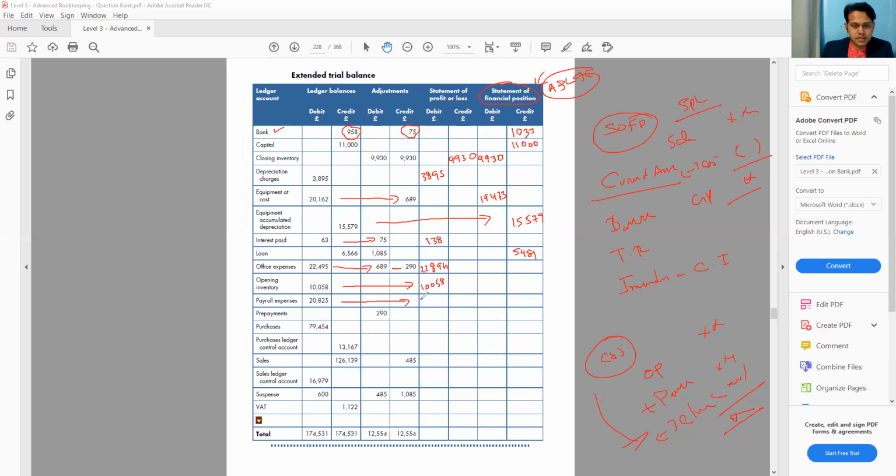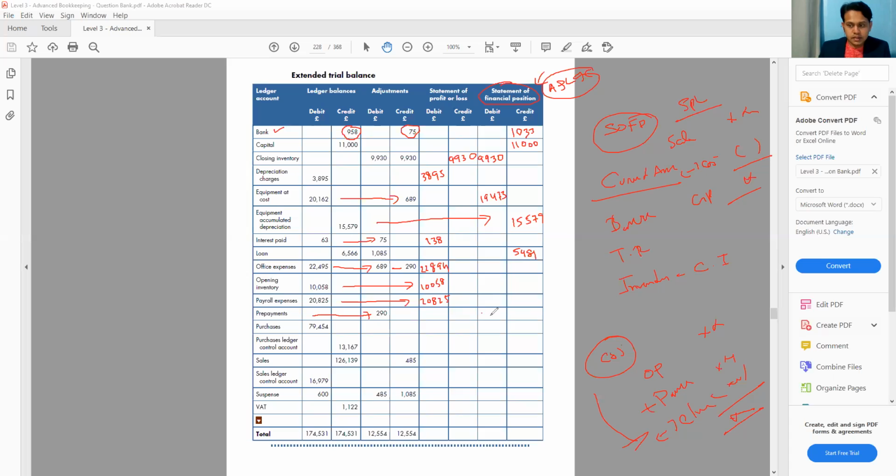Debit is expense, 2825. Then prepayment. Prepayment is an asset, because you paid in advance. So prepayment, we have 290. Remember that prepayment is always your asset, and this is your statement of financial position item on the debit side.